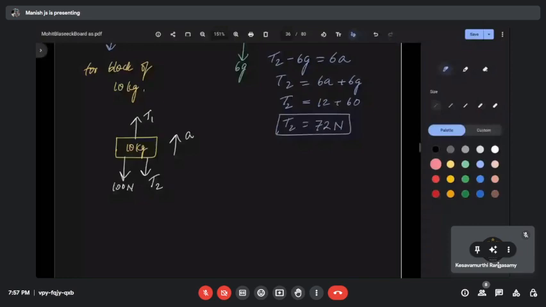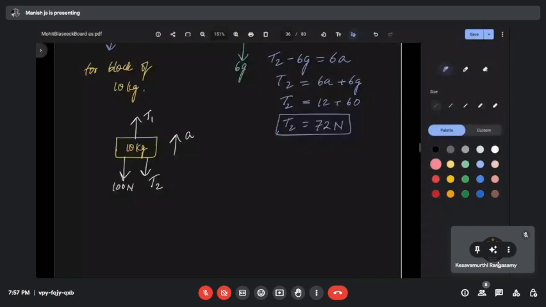Rearrange it and try to find out what T1 is. Writing the values, a is 2, so 10 times 2 is 20, plus 100, plus 72.